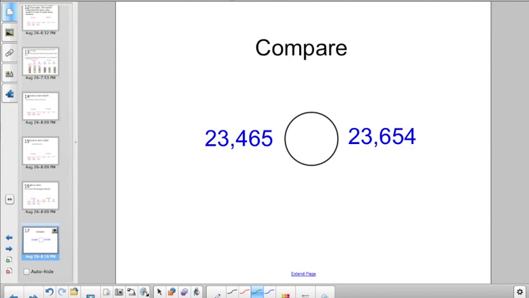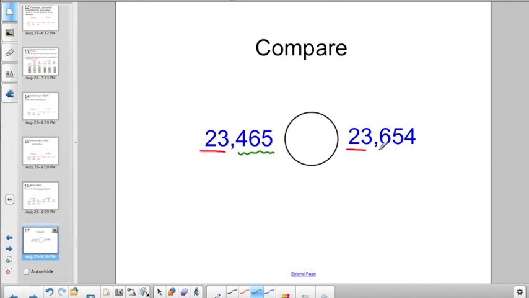So let's try this one. We are now going to be comparing with some larger numbers than we were comparing before. Always look first at the thousands. Here's 23,000 and here's 23,000. Hey, it's a tie. So move over to the no name group.